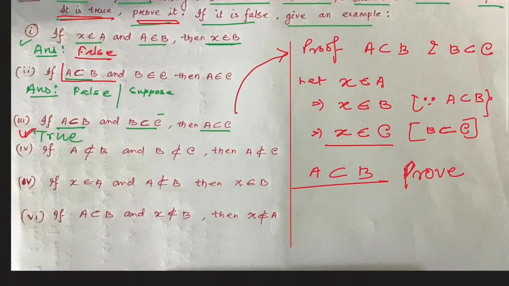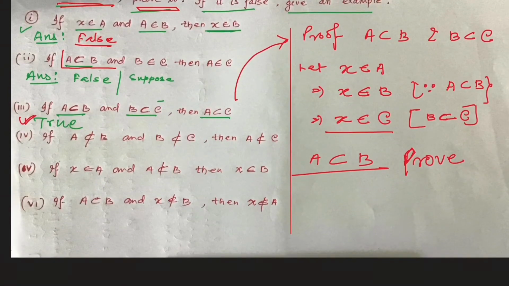So now what is the next statement? Here you see, number 4: A is not a subset of B, B is not a subset of C, then A is not a subset of C. How to prove this one? Is this true or false? First let me determine whether this is true or false.